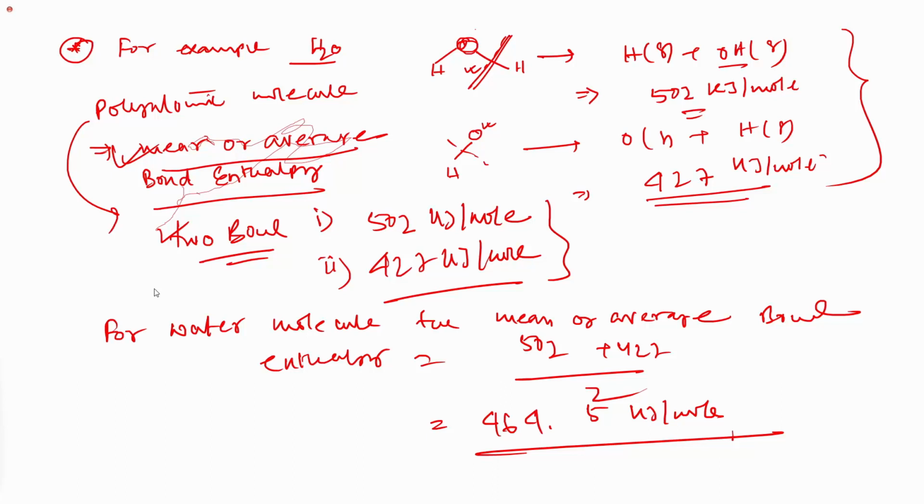So for polyatomic molecules, we always have to use the average bond enthalpy. Otherwise, if it is a diatomic molecule where the two atoms are the same, like H2, N2, O2, Cl2, then you use simply the bond enthalpy.